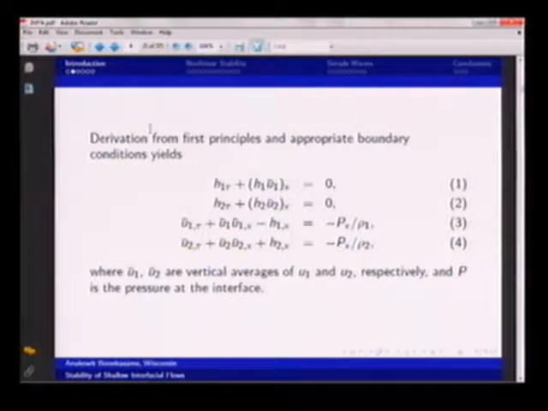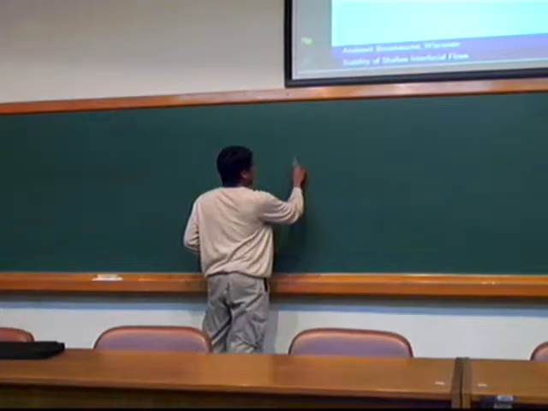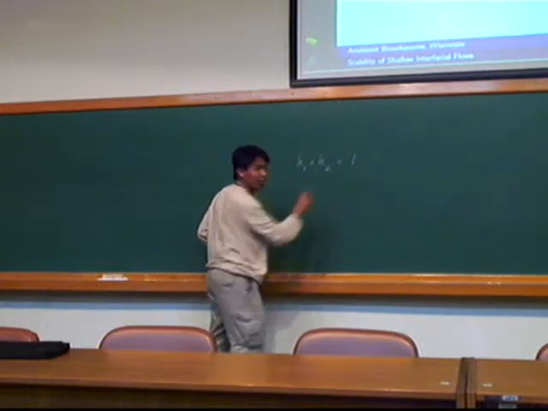Now, we have 5 unknowns here: H1, H2, U1 bar, U2 bar, and P. And we do have 5 equations because H1 and H2 are not independent from each other. I'm going to non-dimensionalize H1 and H2 in such a way that the sum is equal to 1.